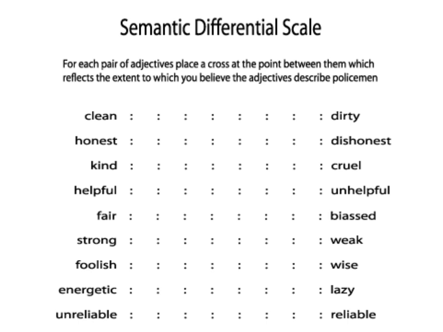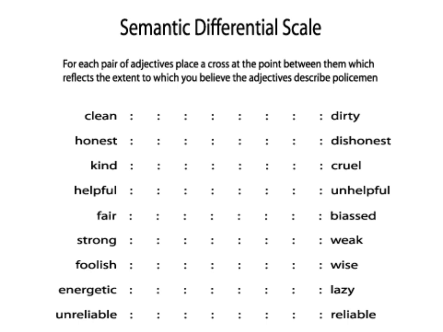So an example of a double-barreled item that we used in the homework assignment is: the Cubs and the Cardinals are great teams. Strongly agree to strongly disagree. Well, if you agree that both are good teams, that's easy to answer. If you agree both teams are bad, that's easy to answer. But what if you think that the Cubs are awesome, but the Cardinals aren't? What do you respond? So that's a double-barreled question.